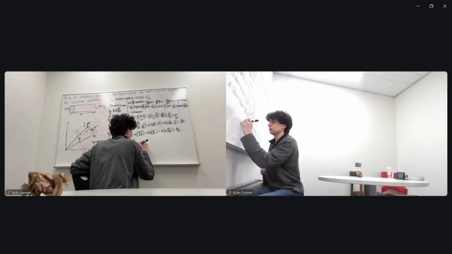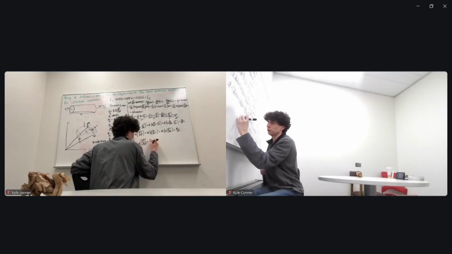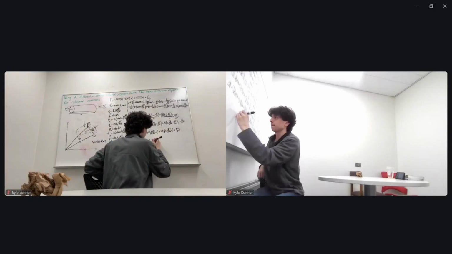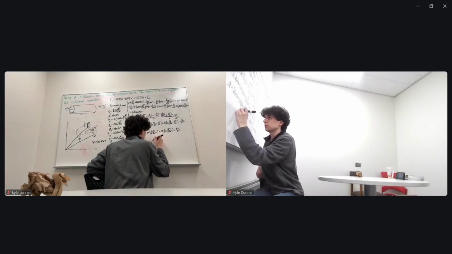So we have theta value, and then dT, dz, 1 over r, dT, dr, is r.